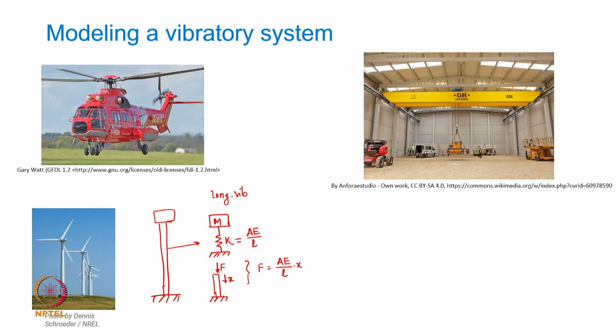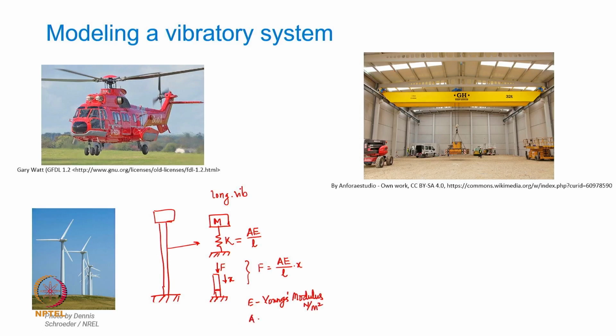A is the cross sectional area of this bar, in this case the column, E is the Young's modulus or elastic modulus, that is what we call it, in newtons per square meter.